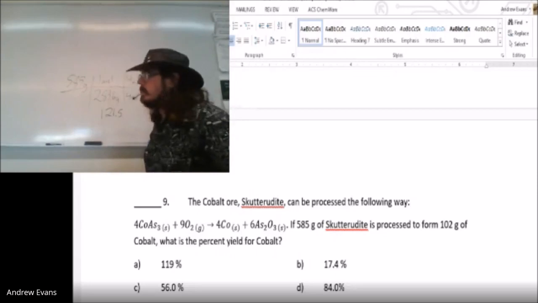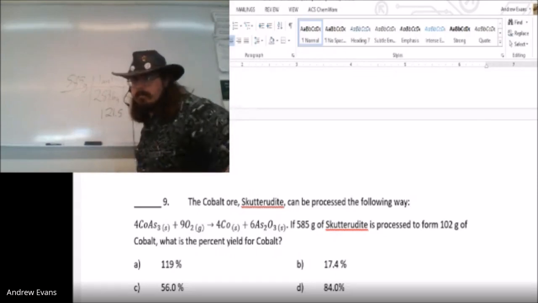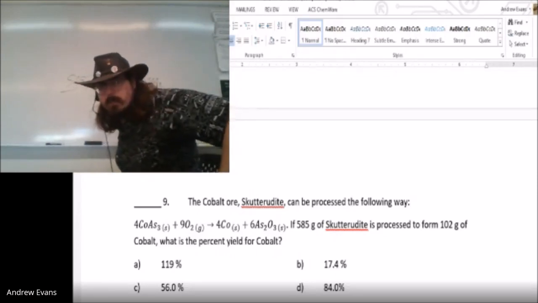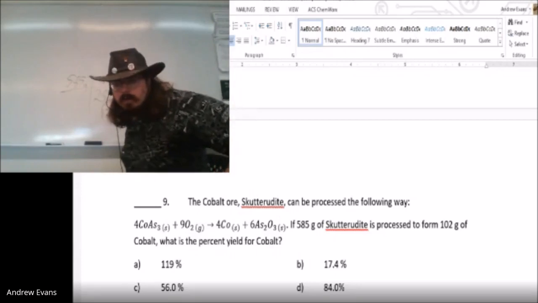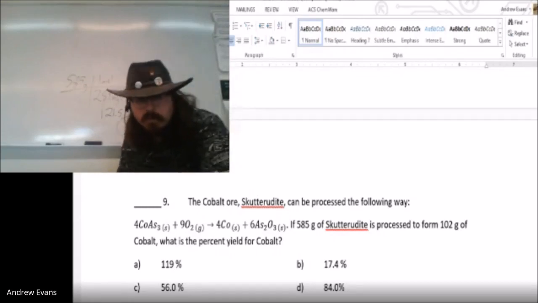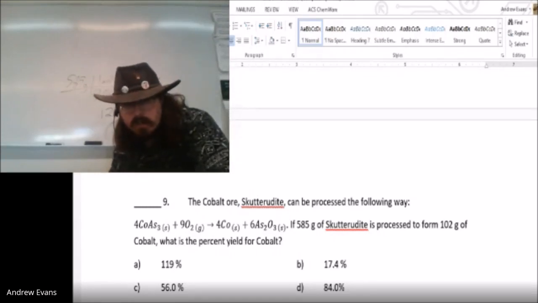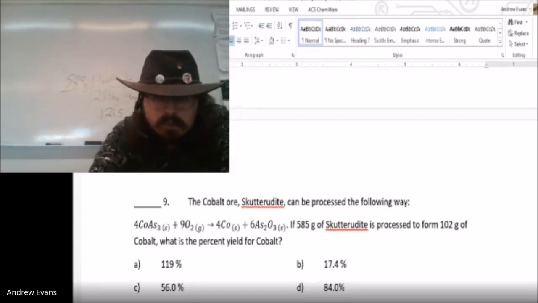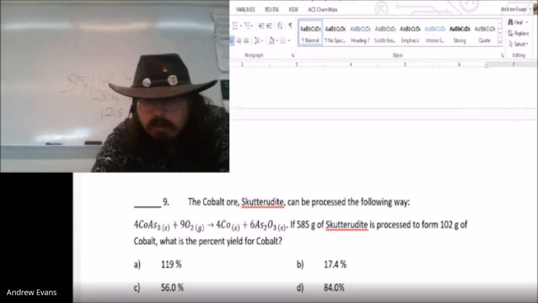Now we actually formed 102. So 102 divided by 121 times 100 will give you 84%. Quick fix. Having over 100% yield should not happen unless you really screwed up.